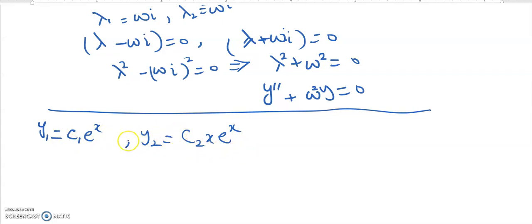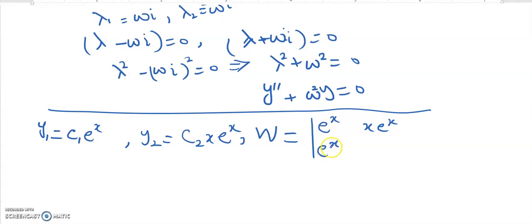Whether these are unique solutions, obviously they are unique. But if you want to find the Wronskian, then we can take the determinant. Ignore those c1 and c2 at the moment. We have e power x, x e power x, x e power x.